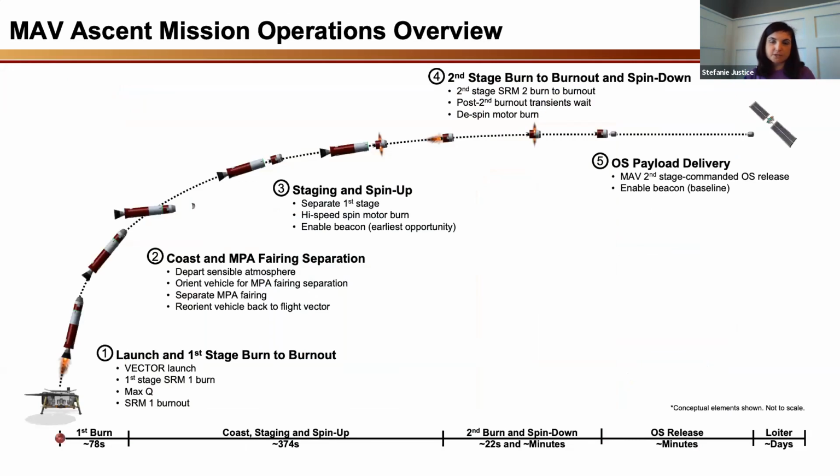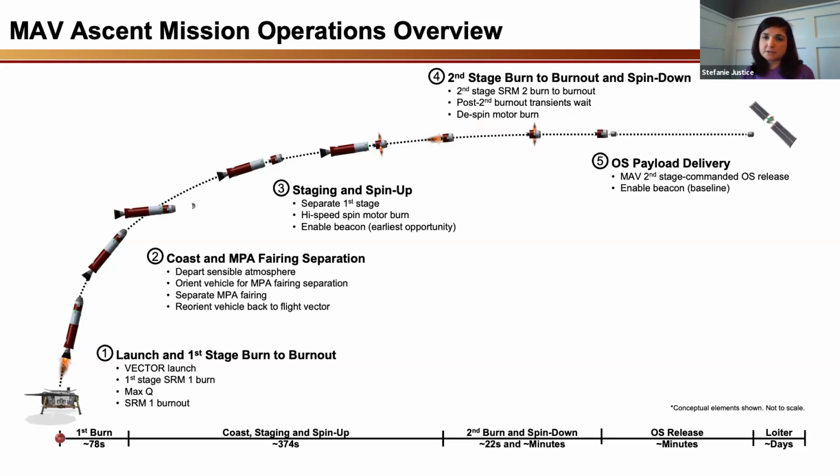Just a high-level mission operations overview. We will launch via a vector launch, the first stage to burnout, and we will coast where the MPA, which is the portion of the vehicle that's containing the OS, or orbiting sample, the fairing will separate. The first stage will separate, and then we'll go into a high-speed spin motor burn.